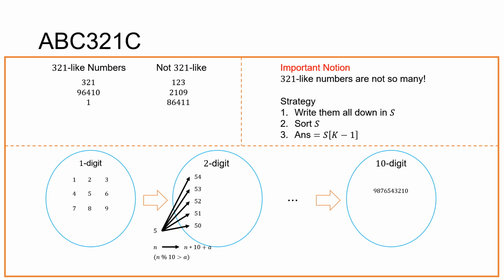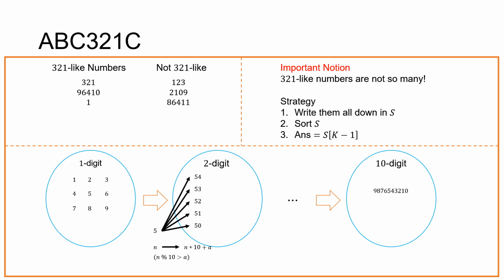We have many ways, but I will introduce you to the way of constructing them from lower-digit numbers to higher-digit numbers. First, we begin with 321-like numbers with one digit, from 1 to 9.